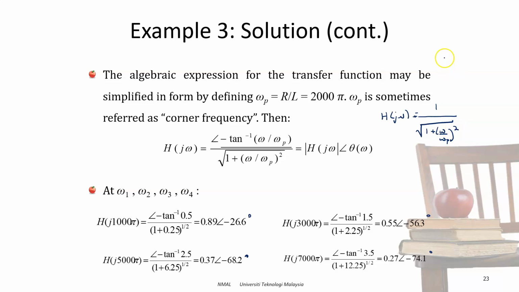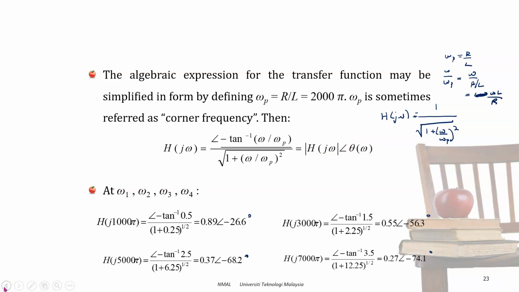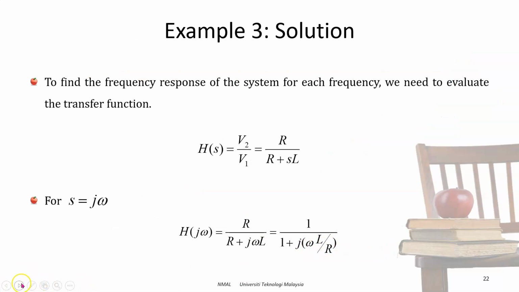If you change omega p here, which is equal to R over L, you get that omega divided by omega p is omega divided by R over L, which is omega L divided by R. The same equation that you obtained before, omega L divided by R.